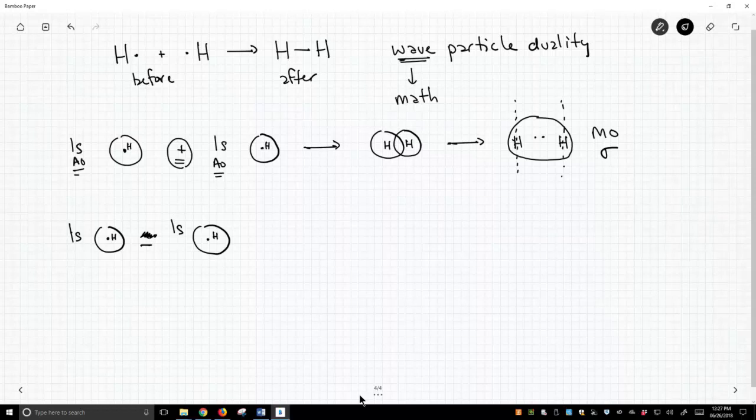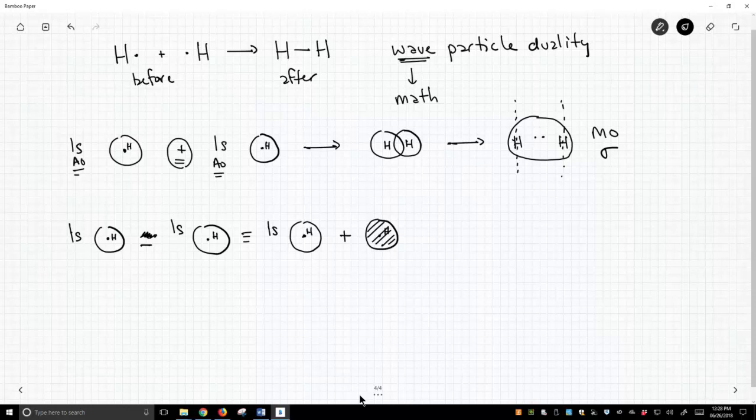Now, for me, the idea of subtracting an orbital is really a little bit too abstract, because orbitals are hard enough to think about to begin with. So let's think of it differently. Instead of subtracting an orbital, let's add the negative of this orbital. So here's our hydrogen, and now we're going to add this to the negative of our orbital, and to show that we're dealing with the negative of an orbital, let's make it shaded.